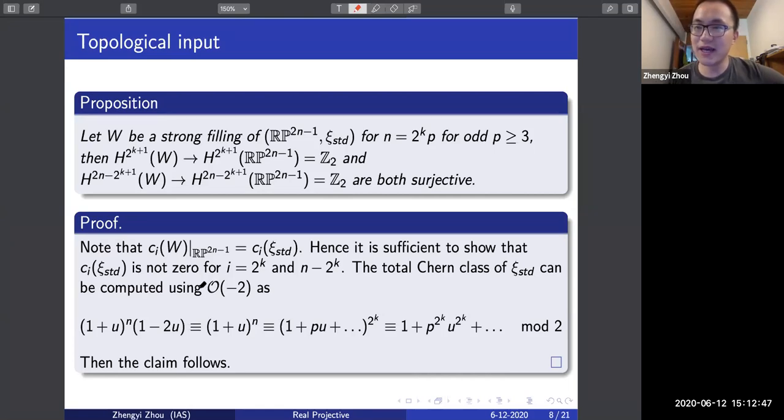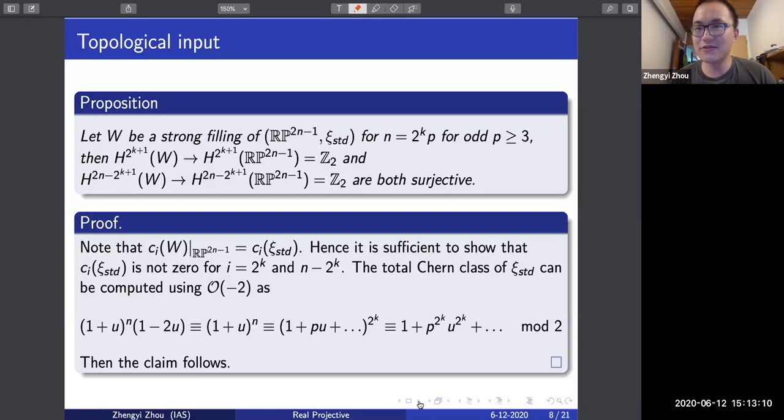So in this case, we can actually compute all the Chern classes of the contact structure and argue that these two relevant contact Chern classes are non-zero. And when n is a power of 2, then the standard contact structure has total Chern class just 1. It's trivial.